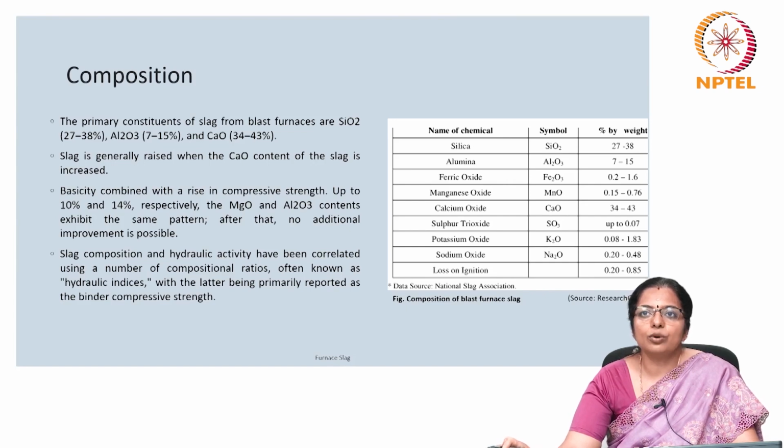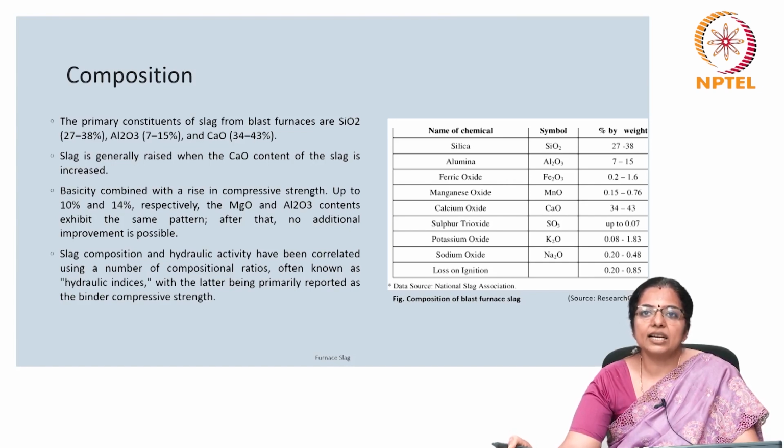Basicity, a term denoting the ratio of calcium oxide to silicon dioxide, plays a crucial role in influencing compressive strength. An interesting observation is that improvements in compressive strength continue up to 10% and 14% for magnesium oxide and aluminum oxide respectively. Beyond these percentages, no additional enhancements are achievable.